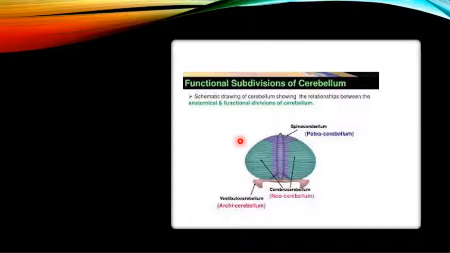Now when we are talking about muscles, the muscles from shoulder to elbow we will call proximal, and from elbow to wrist and fingers, all these muscles would be called distal muscles. So the paleocerebellum has a major role in coordinating all these muscles. Next is the neocerebellum.